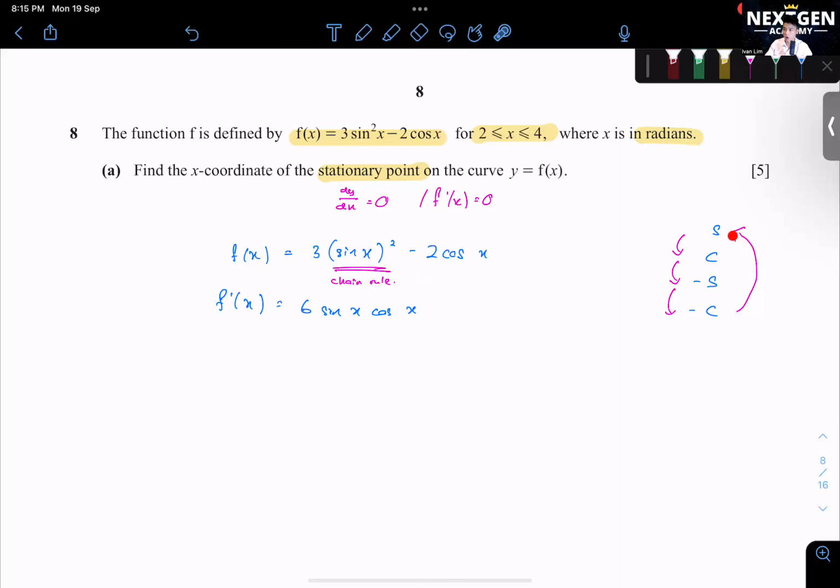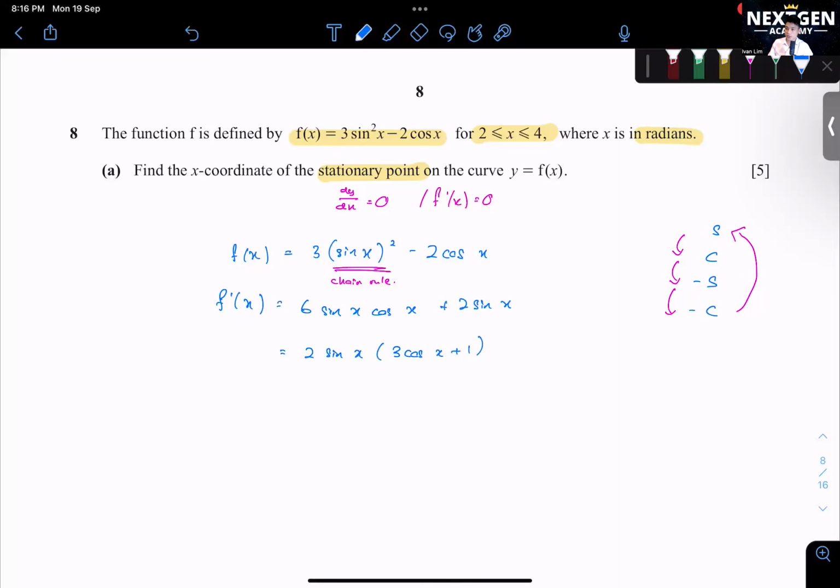So I go back to positive sine, which I'll get plus 2 sine x. We factorize it, later easier for us to solve it. So 2 sine x, 3 cos x plus 1.